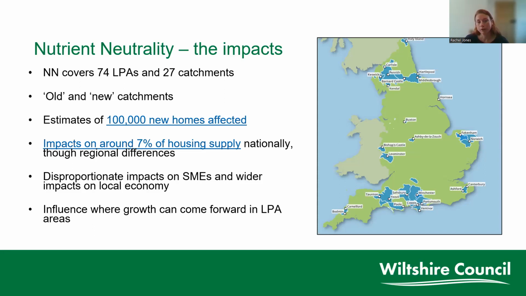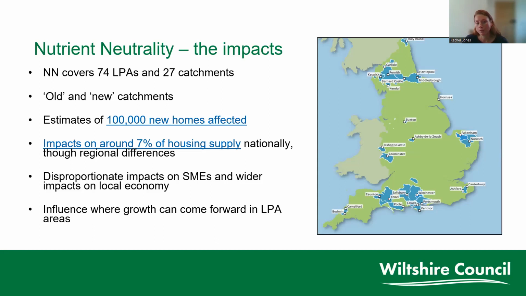We're also aware that nutrient neutrality can have a disproportionate impact on small and medium enterprise builders. They're often the smaller house builders that are working in certain geographies, certain local areas, and nutrient neutrality has a bigger impact on them and on how they can find solutions.